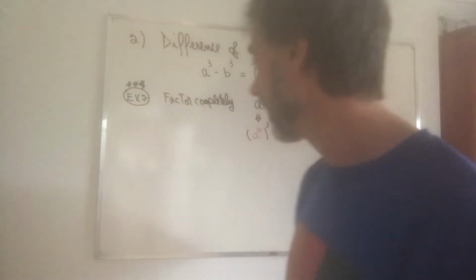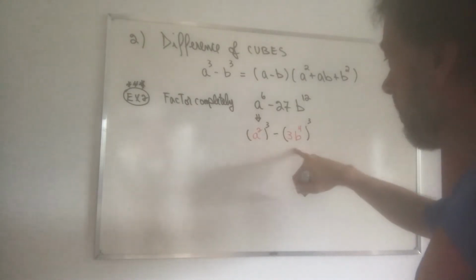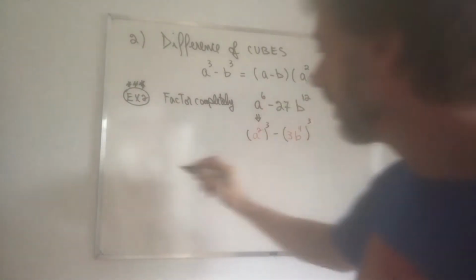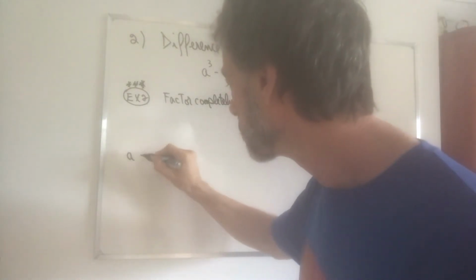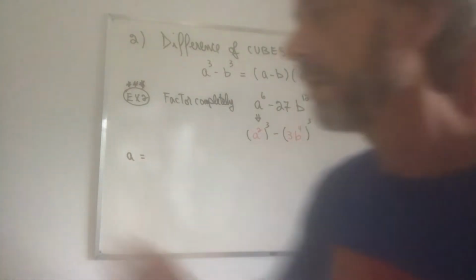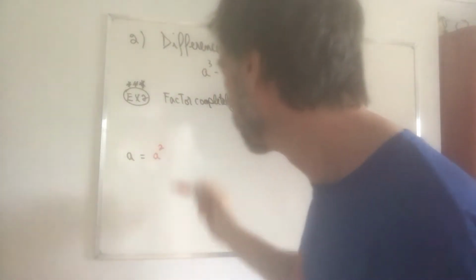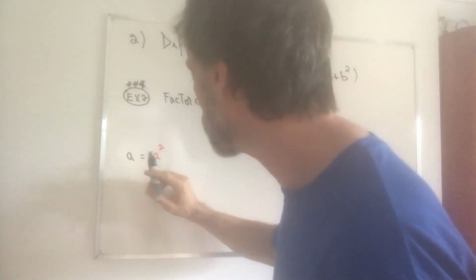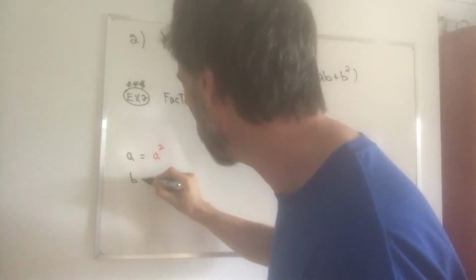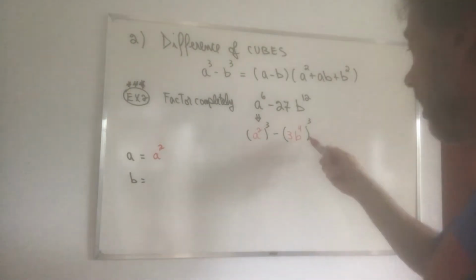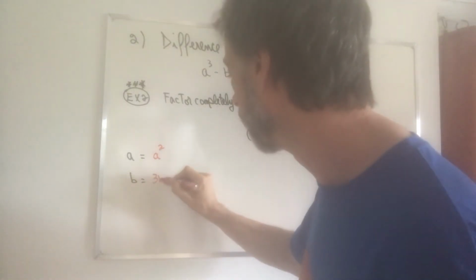I think we got ourselves an A and a B. All right, so in my formula, A is going to be this a squared. And B is going to be, again in my formula, this other guy that we called 3b^4.